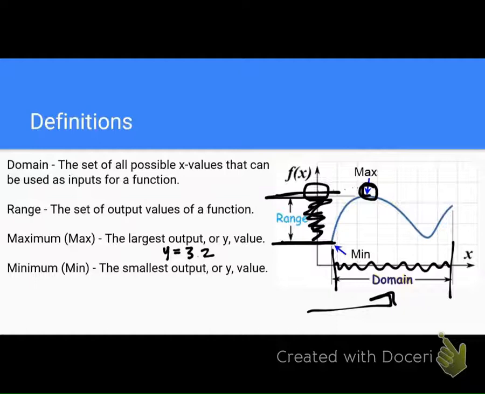Then the minimum, or we can just say the min, is the smallest output or the smallest y value. And here it looks like that occurs at this point, which is when y equals 1. Okay?